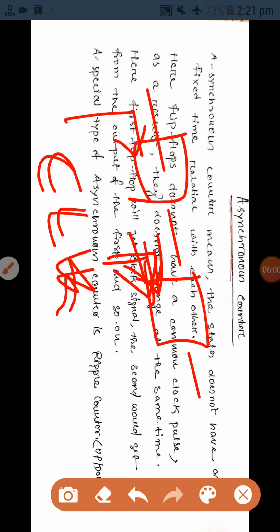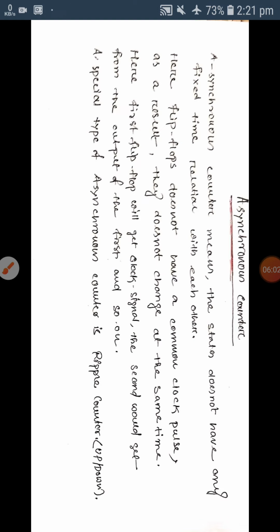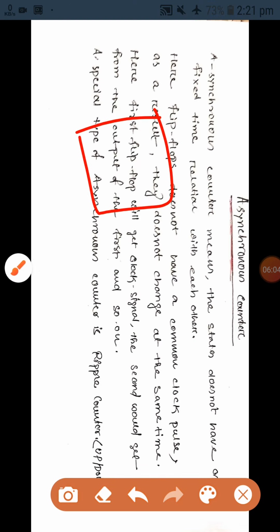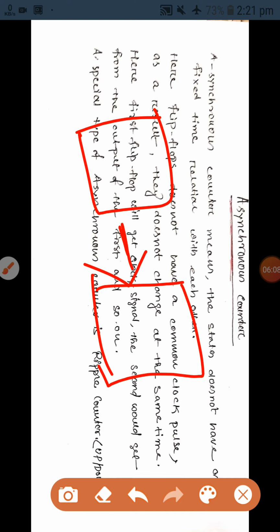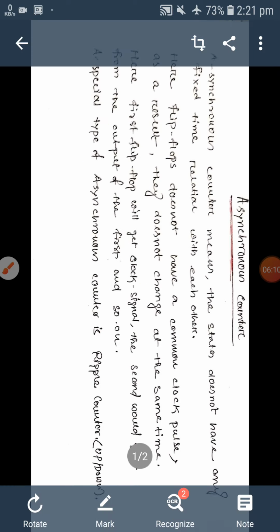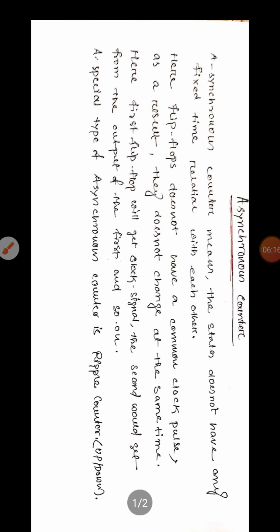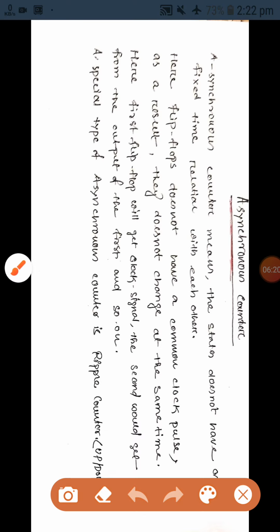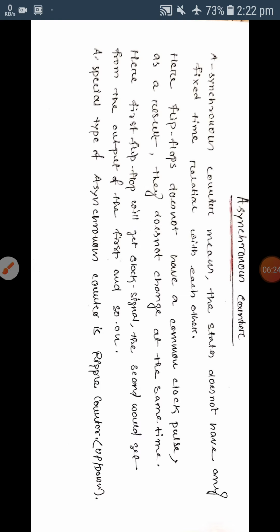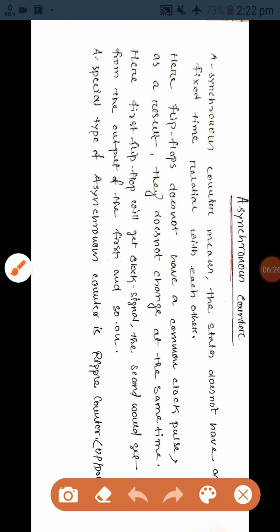Then how will it get triggered? The output from the first flip-flop will act as a clock signal for the second one. So I only have to give the clock to the first one, and automatically the output of the first will be fed to the second. A special type of asynchronous counter is the ripple counter, because it counts asynchronously.